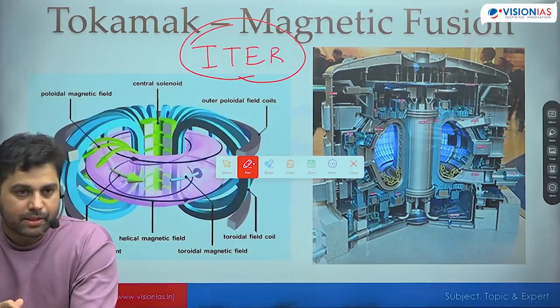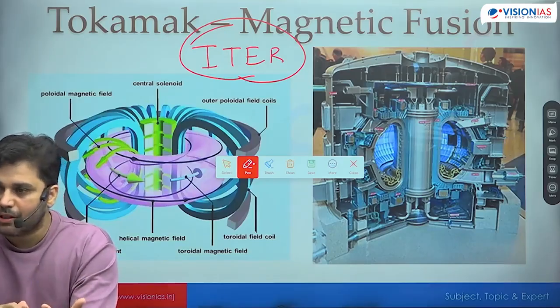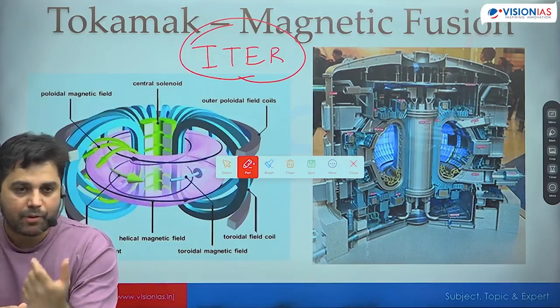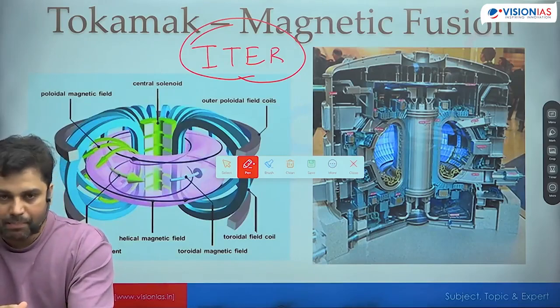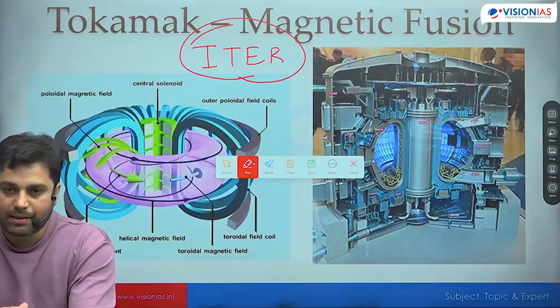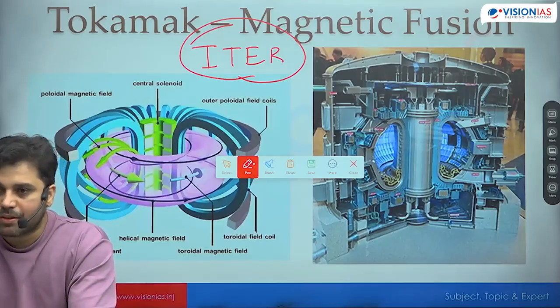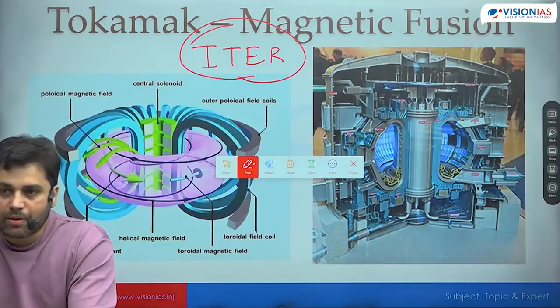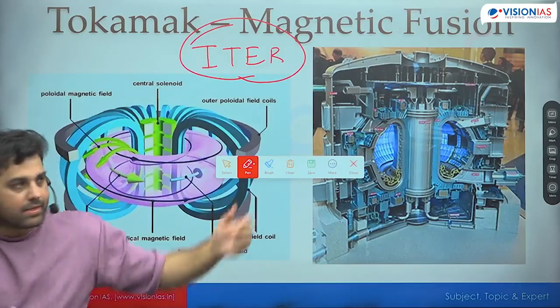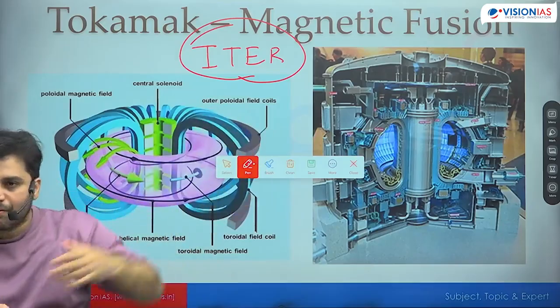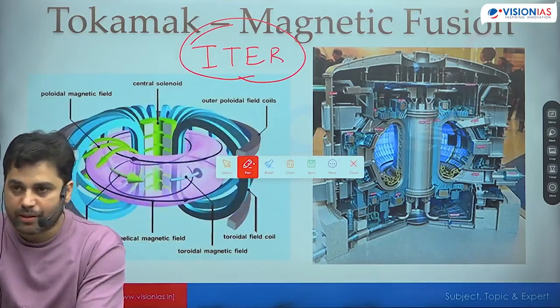And when it becomes operational, it aims to attain fusion power of 500 megawatt. And whatever learning will happen in this tokamak reactor will be shared with rest of the member nations. India is one of the member nations. So ITER is a collaboration among many countries. You have US, you have Russia, US and Russia again working together.